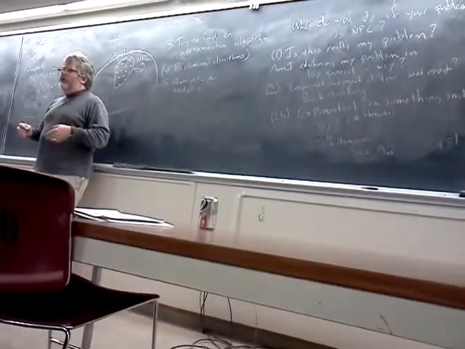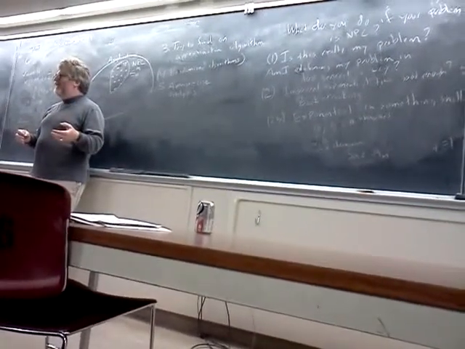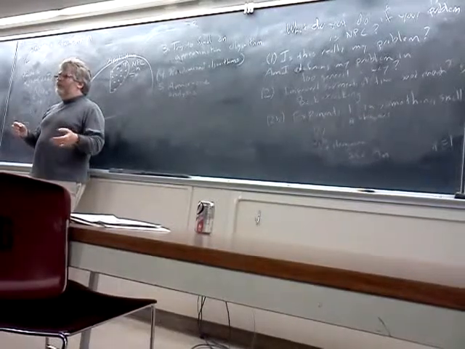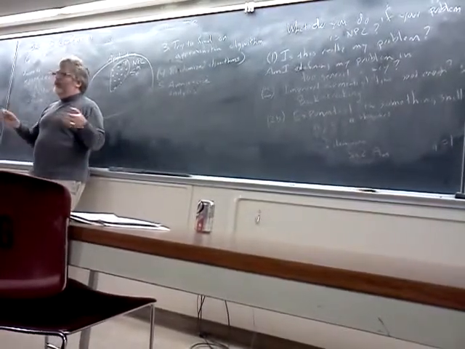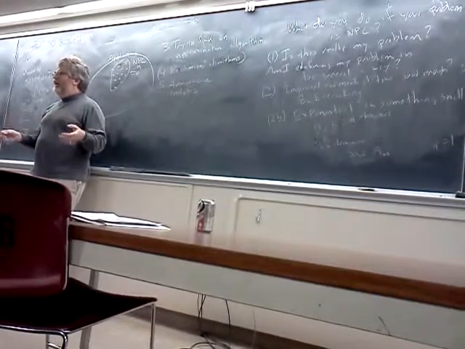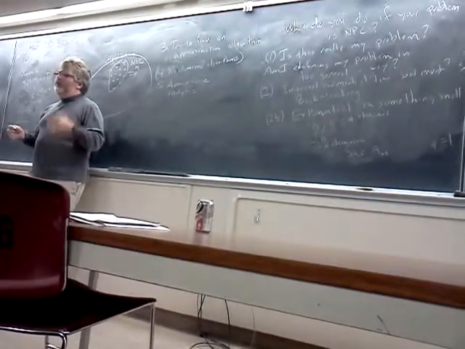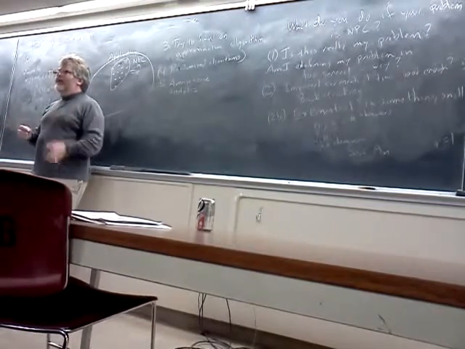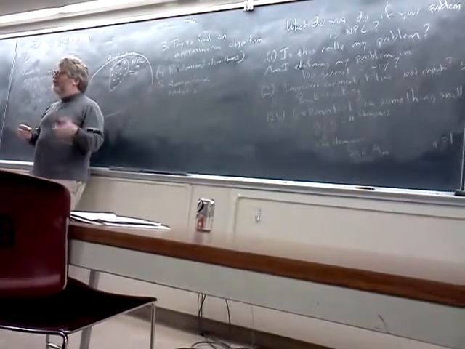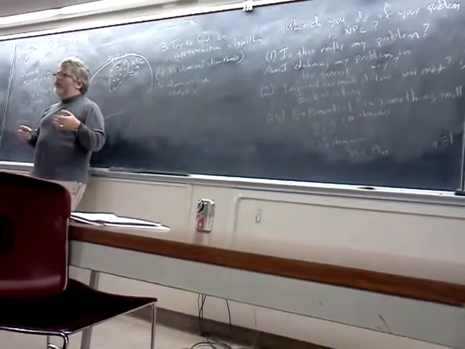As opposed to typical inputs, which have all sorts of weird structure to them that a random input would never have. So designing an algorithm that works well on random inputs doesn't seem to be at all helpful for designing algorithms that work well on typical inputs.